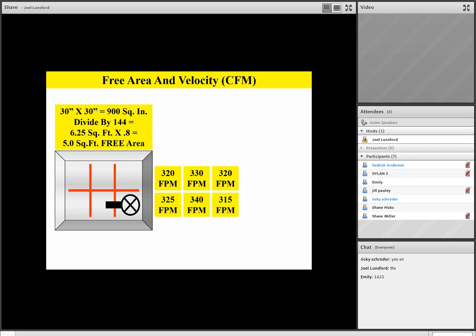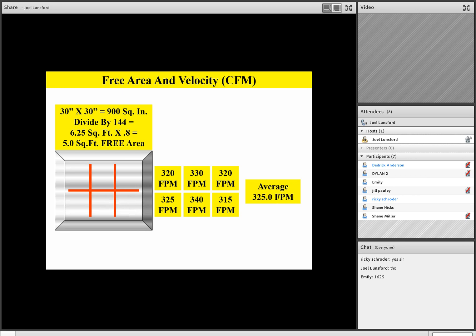Now team, whatever that big number is, you've added those numbers together. You now divide by 6 because we took 6 readings. You divide by 6 to get an average of 325 feet per minute.